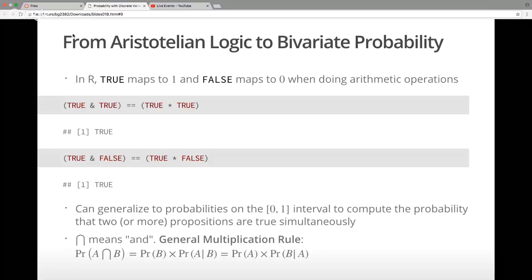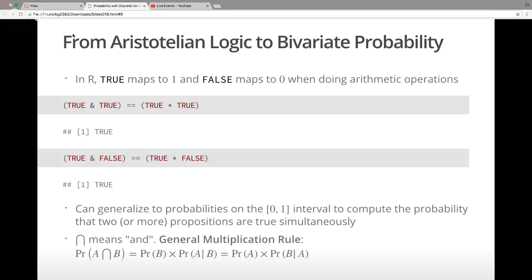So how can we generalize this to probabilities, which are any real number on the 0, 1 interval, inclusive of the endpoints, to compute the probability that 2 or more propositions are simultaneously true? To do that, we use the general multiplication rule, which involves this intersection symbol, and this can be read as and.